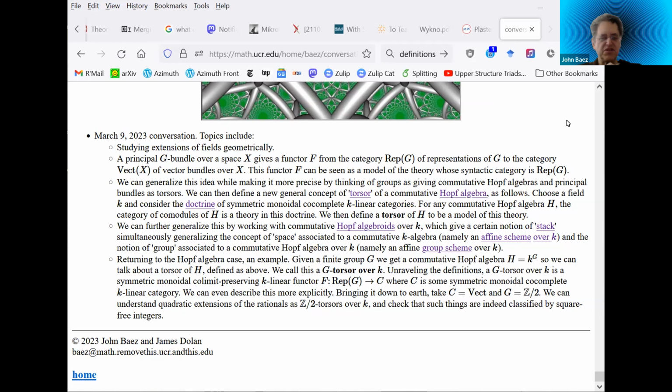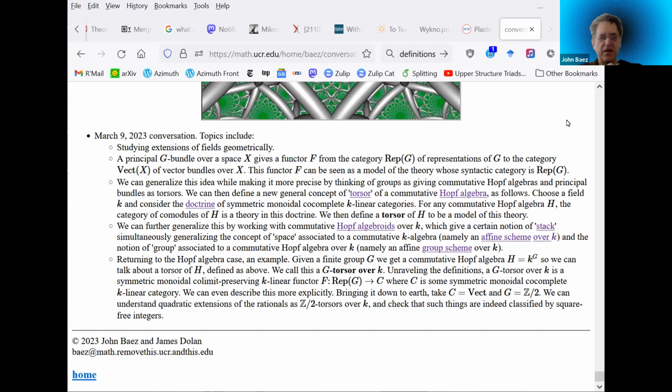And so you were polishing up this idea. First, to make the context of what kind of categories both Rep G and Vect X are more precise. And then you discover that Vect X actually isn't quite the right thing.